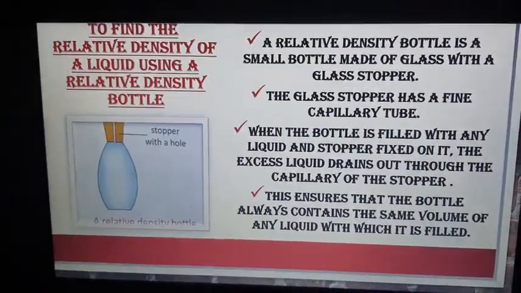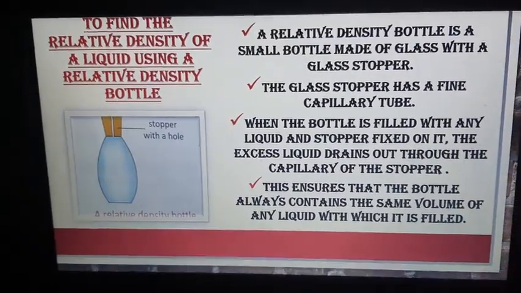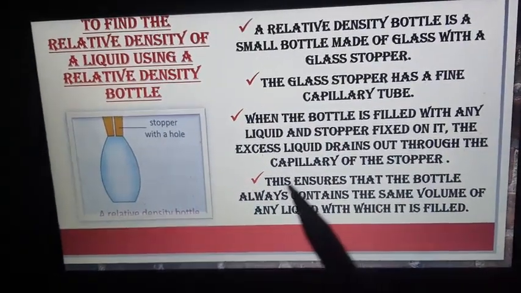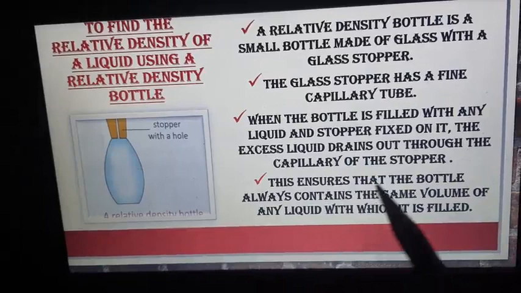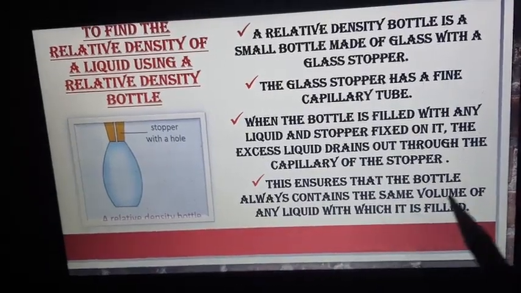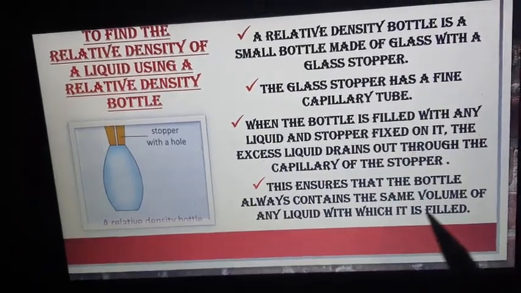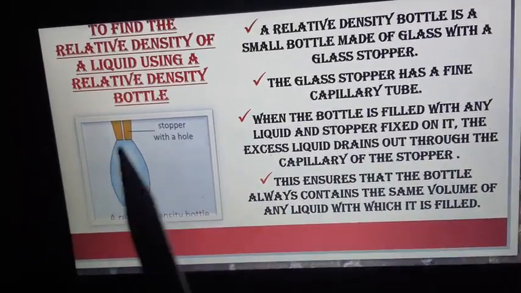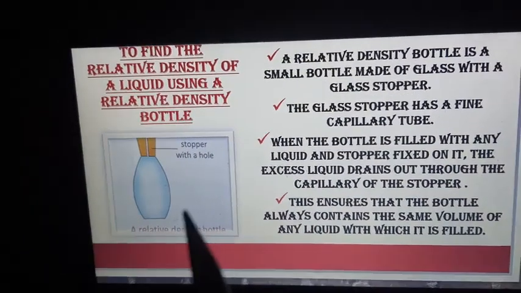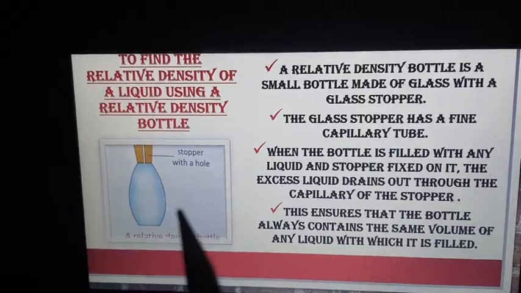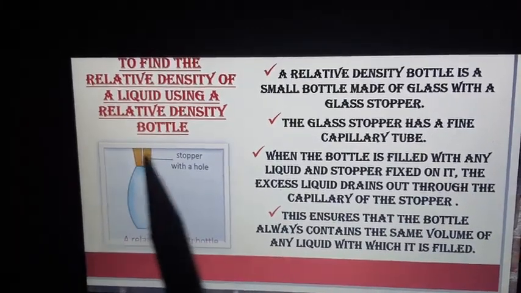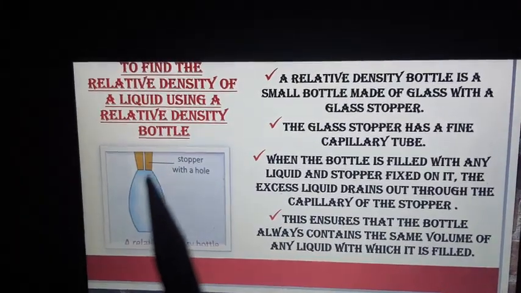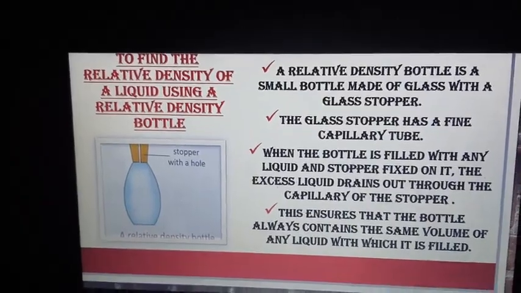Now why does it throw out the excess liquid? Because it ensures that the bottle always contains the same amount of any liquid filled into it. To have an equal volume of the liquid that we are discussing, we need this provision of the stopper with a hole in it.